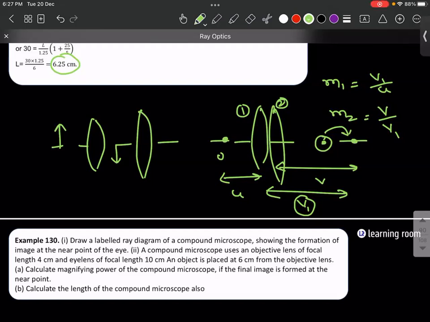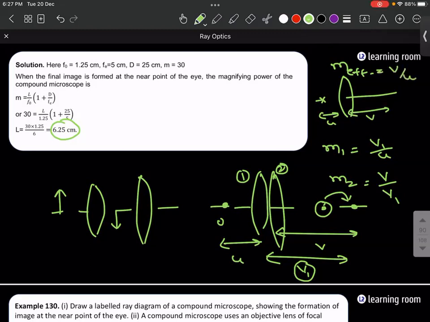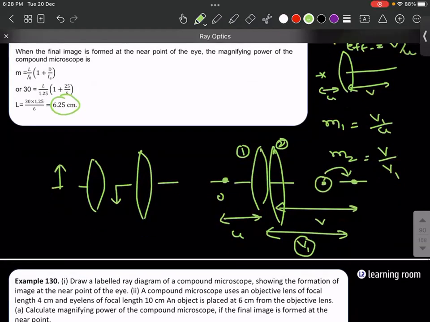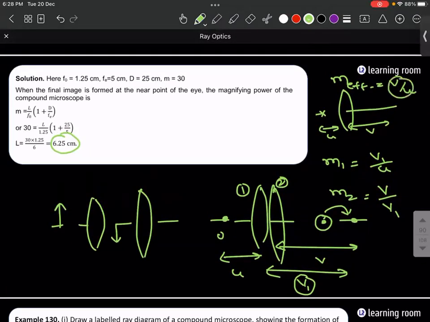If I replace these two lenses with one particular lens whose magnification is M effective, then with object distance U and image distance V, M effective is V divided by U. Correct? If I observe M1 and M2, can I write M effective V by U as V by V1 into V1 by U, multiplying and dividing with V1?